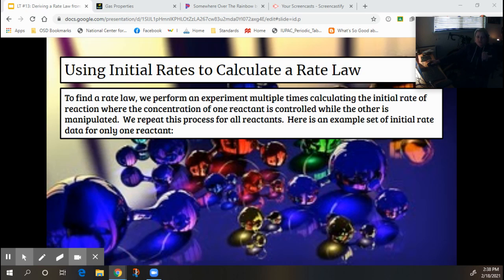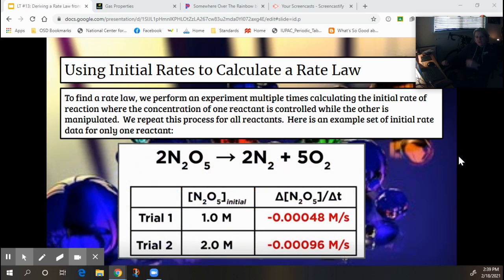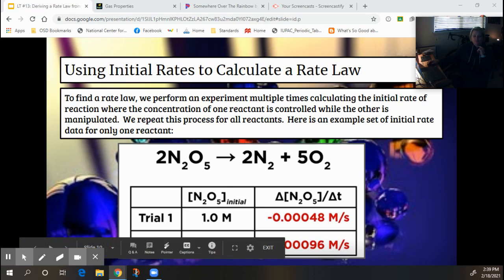And we repeat this process for all of the reactants. So we're going to use that example once again of nitrogen pentoxide making nitrous oxide and oxygen. And let's pretend I perform this experiment. This one is really simple because it only contains one reactant, N2O5.